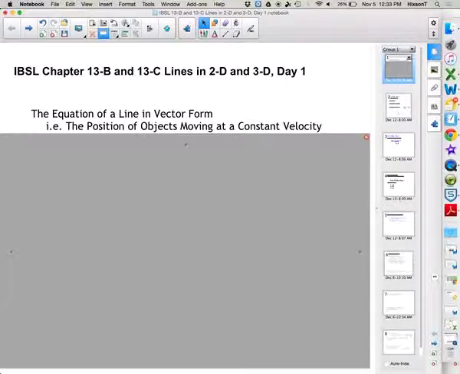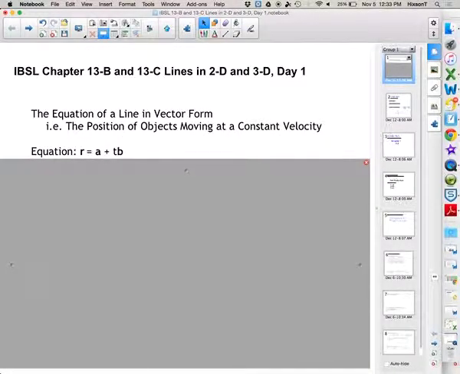And if we're in 2 dimensions, it relates directly to our slope. But if we're in 3 dimensions, that's still kind of like a slope. And then the line will tell us our position at different times.